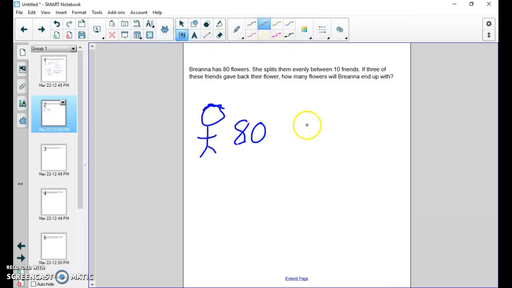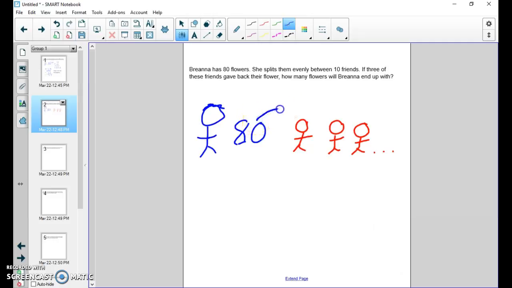I'm going to make the friends red here. So here's a friend. Here's a friend. Here's a friend. Now, if you wanted to and you had the time, you could draw all 10, but what I'm going to do is dot, dot, dot to show that there's more.